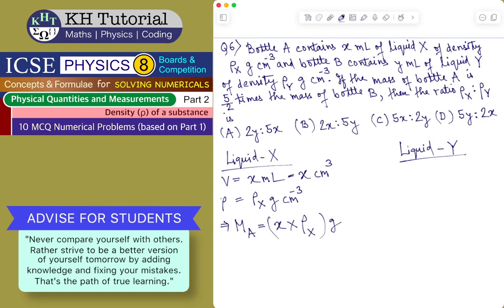Volume into density: the volume was X centimeter cube and the density was rho X, gram per centimeter cube. If you multiply these two, you will get X into rho X, gram.